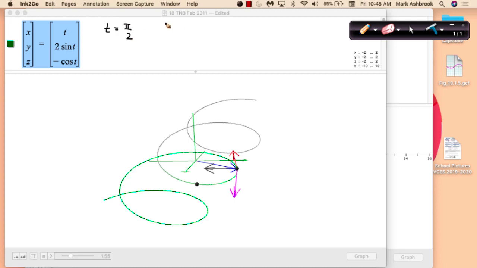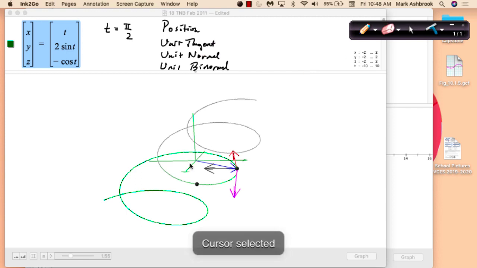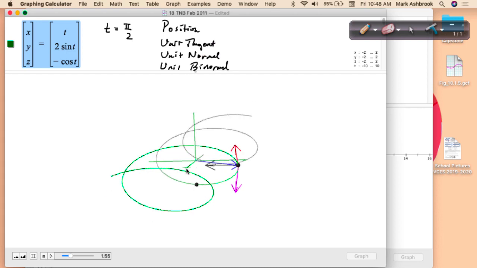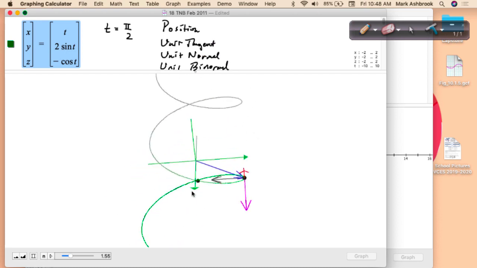Position, unit tangent, unit normal, unit binormal. So any easy ones to start with here? I'm going to move it around a little bit. Is there any real easy ones we can start with?